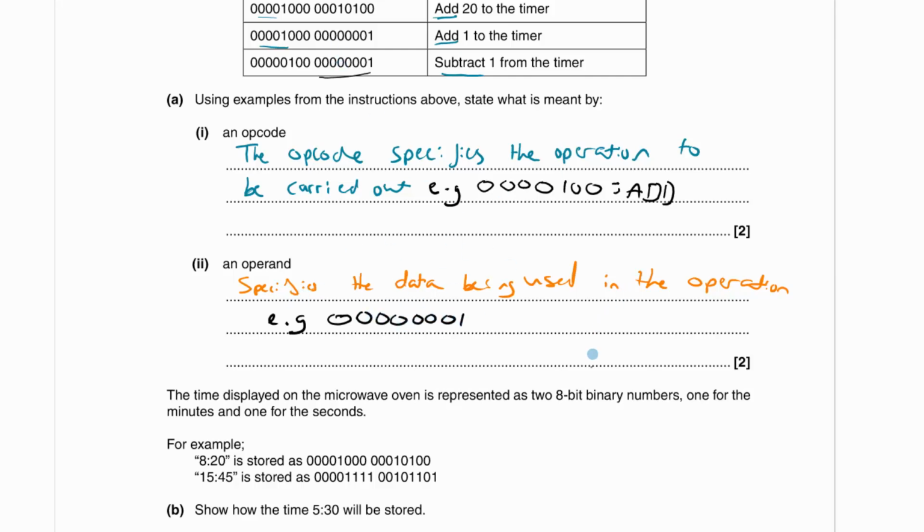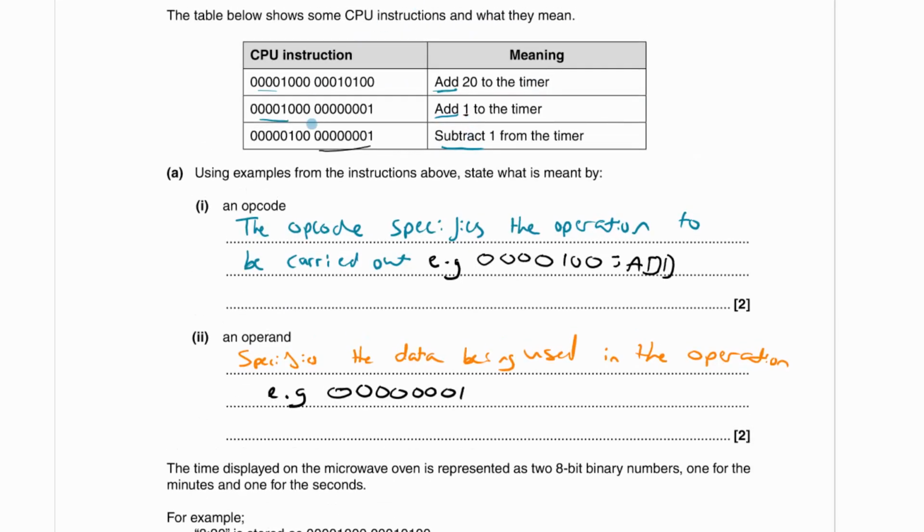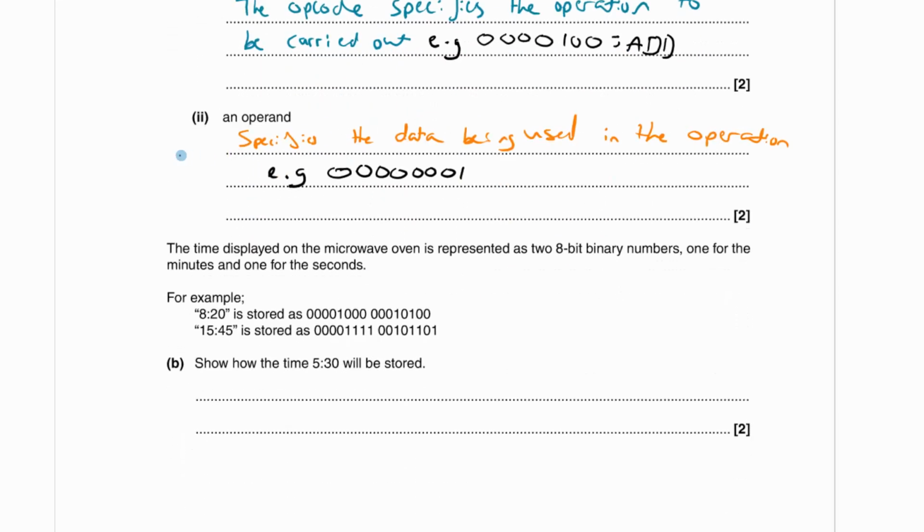So it specifies the data being used, and this is the second half of either. And so this is 1 in binary. This also could represent an address, like a register address, but that's not really relevant.